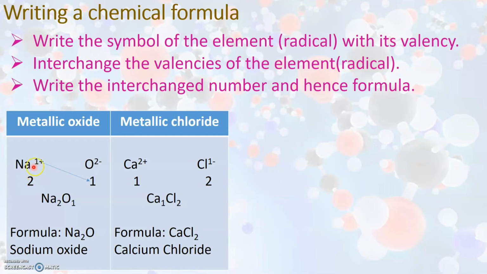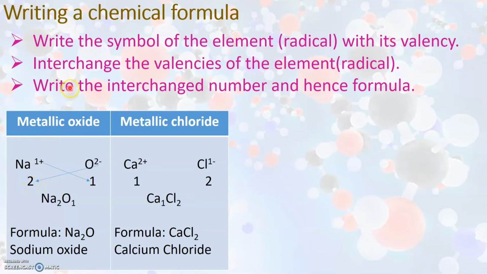The valency, which is 1, that is the valency of sodium, has now to be interchanged with oxygen. So 1 will go for oxygen. Therefore, we write that 1 under the symbol here. And the valency of oxygen, that is equal to 2, will now go for sodium. And therefore, we write that valency of oxygen under sodium.